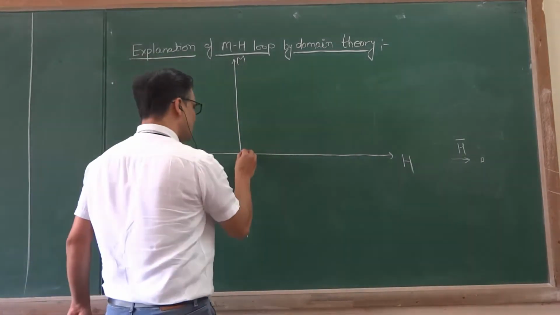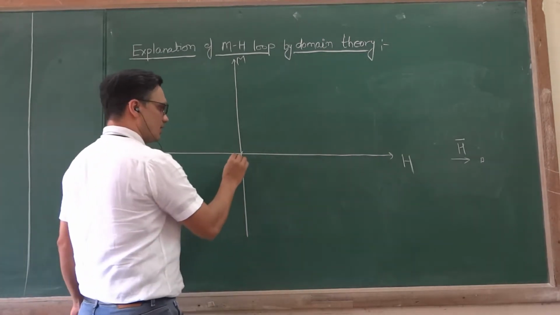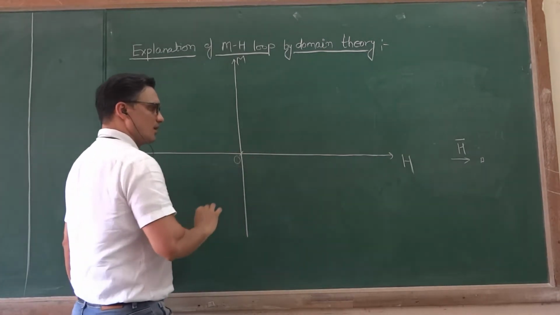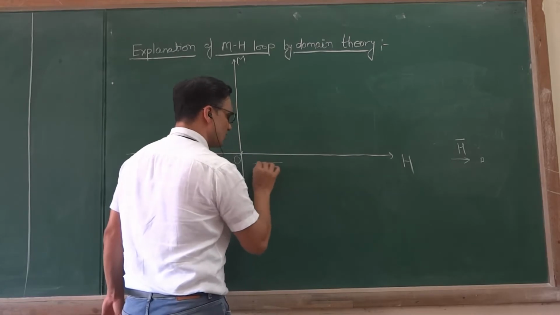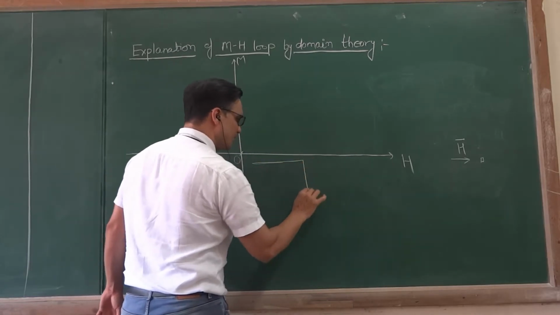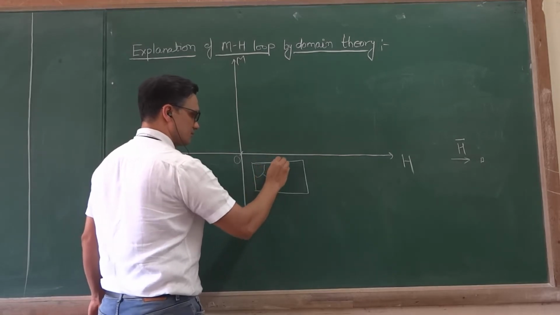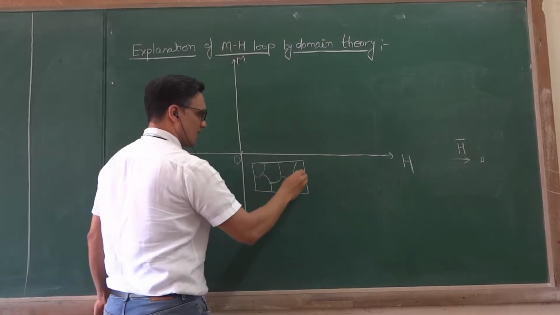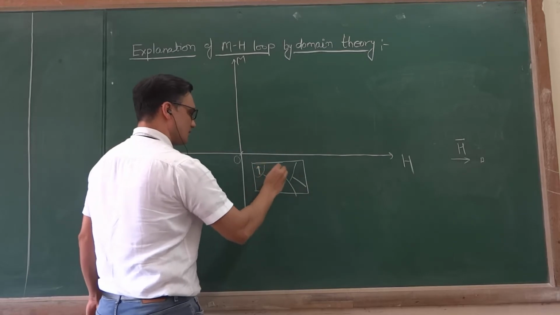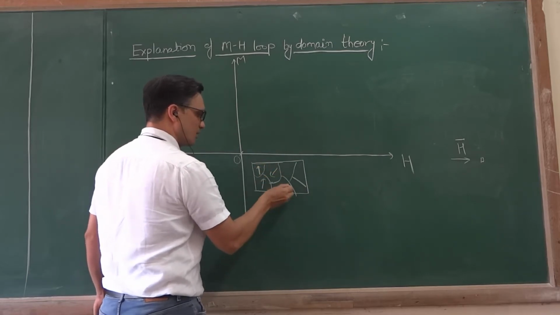When the magnetic field is zero, let me take this as the origin. So when the magnetic field is zero, all the domains are randomly oriented, as we discussed here.